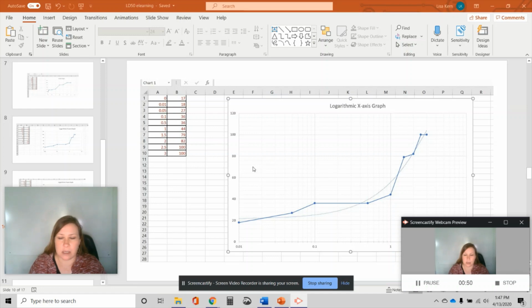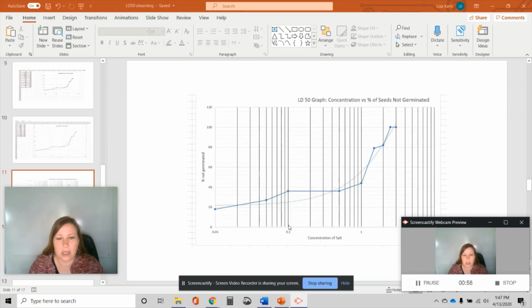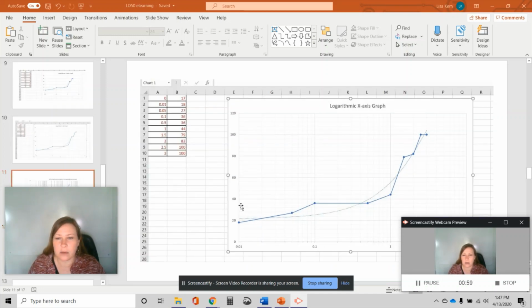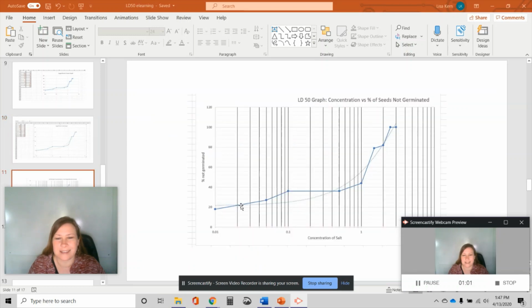So let's see. I added in these lines here so you can see a little better. And what did I do here? Oh, I gave these guys some X and Y axis labels because, of course, if you're asked to draw a graph, you need to make sure you label everything. Got a nice title here that describes, LD50 graph.